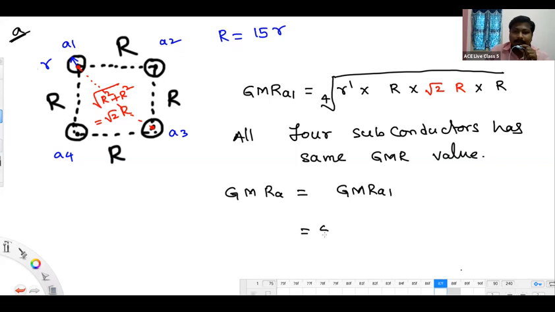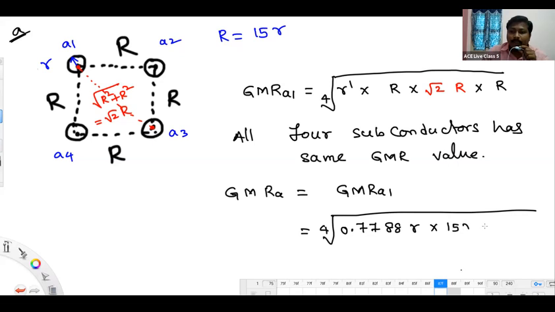So you'll get the 4th root of r dash, which is 0.7788 times the radius, multiplied with capital R, which is 15 times smaller r, and root 2, into again 15 times smaller r, and into 15 times smaller r. The smaller r is repeated 4 times.